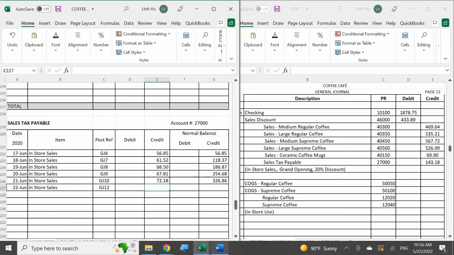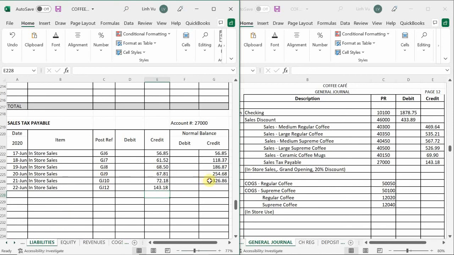Okay, and that gave me a total of $143.18 for my sales tax. Okay, which gave me a grand total that I've collected so far to be $470.04.